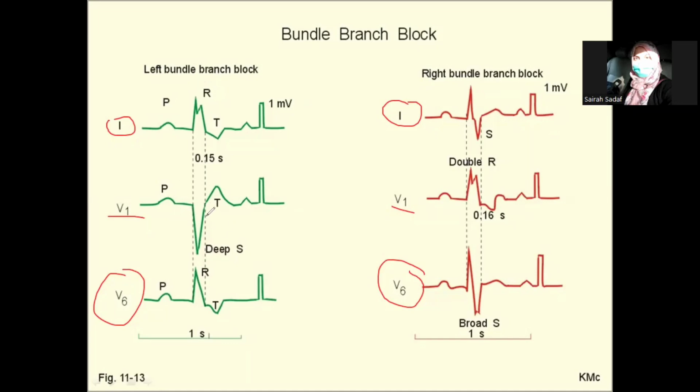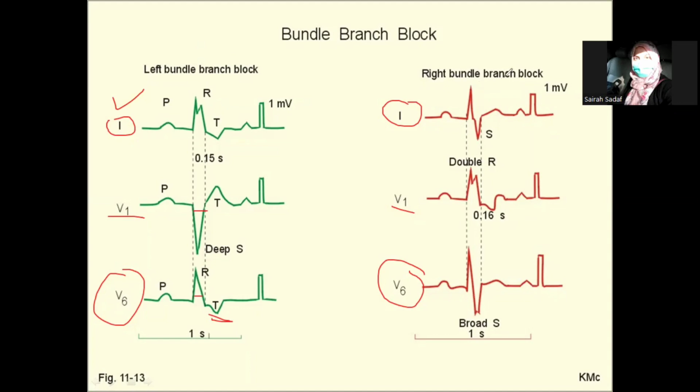The S wave is a normal finding of V1 and the R wave is a normal finding of V6. But there is a little deepening and broadening of the S wave in V1, and then there is a broadening of the R wave in V6 with T wave inversion. And this will also be seen in lead 1. So this is left bundle branch block.